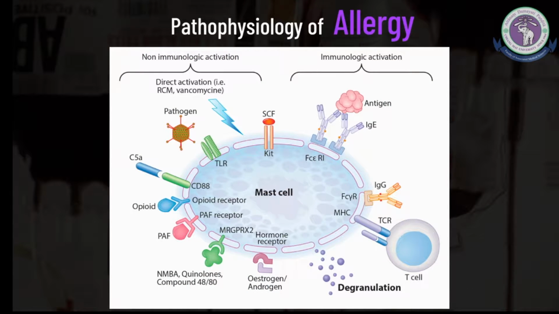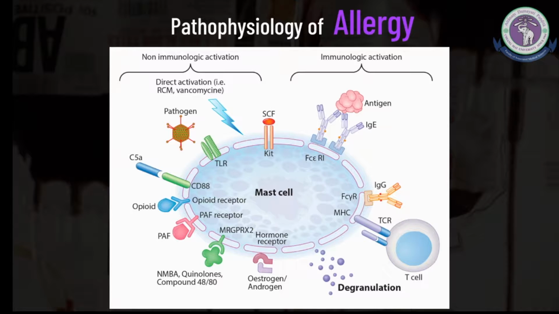The pathophysiology of allergic transfusion reaction is not clearly understood. A combination of patient and donor factors is likely involved, since patients with atopic predisposition seem to have a higher rate of allergic reaction, and platelets of some donors are associated with an increased risk.